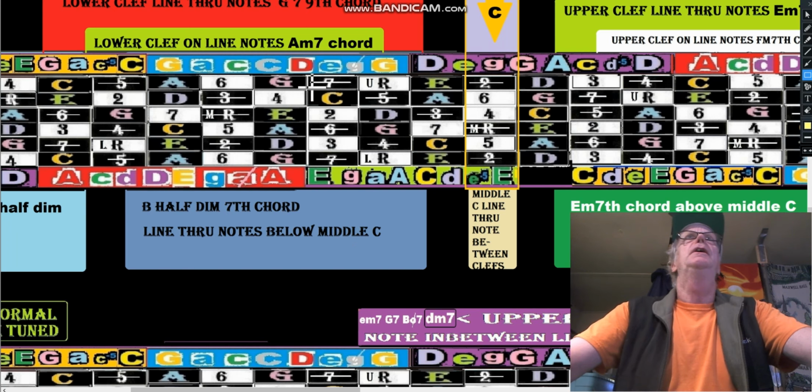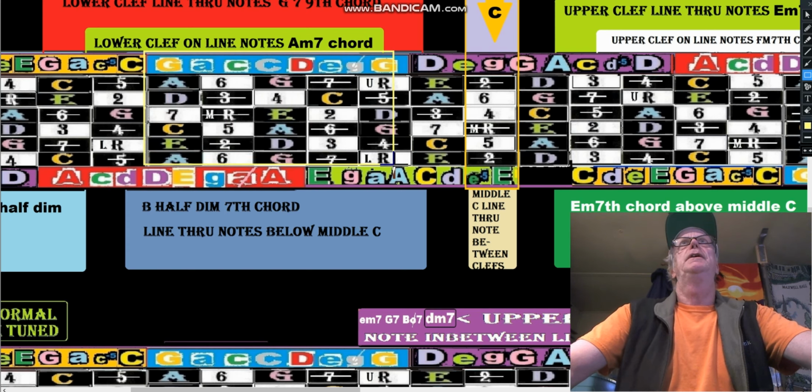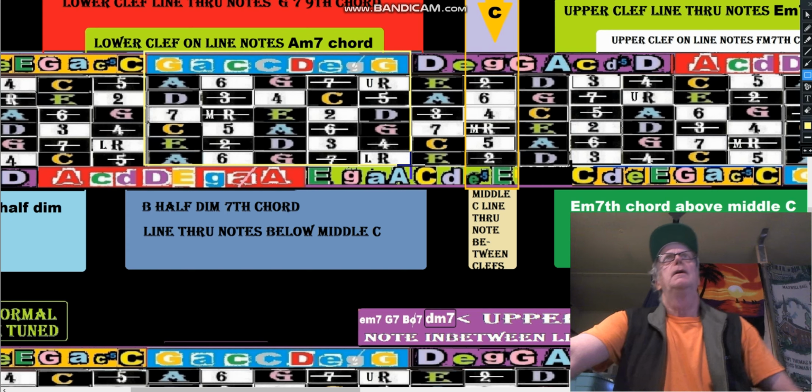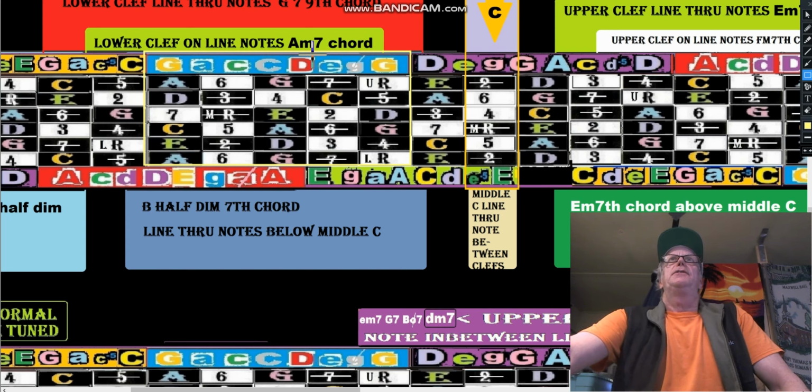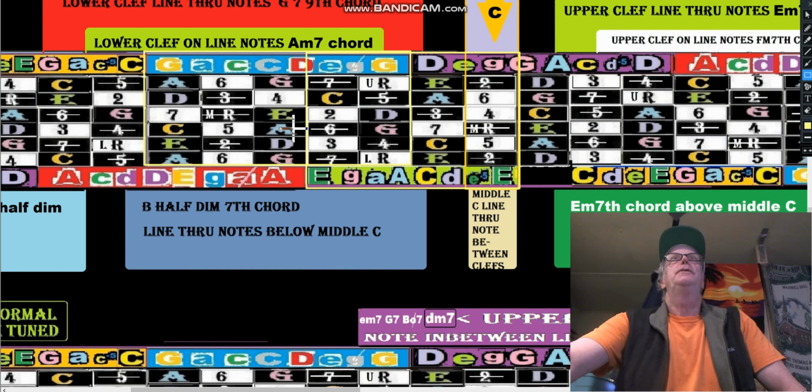For instance, this G banner right here actually covers the G C D box, the G 1-4-5 cage, and then the E cage is here. And I said in previous lessons that this is a good place to start reading music, because you have a middle C in the middle of the G box.